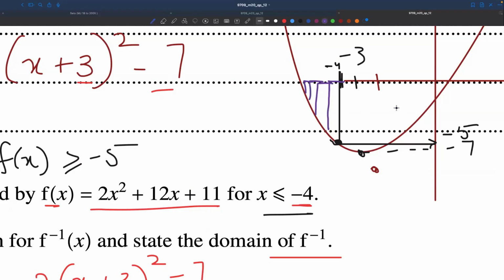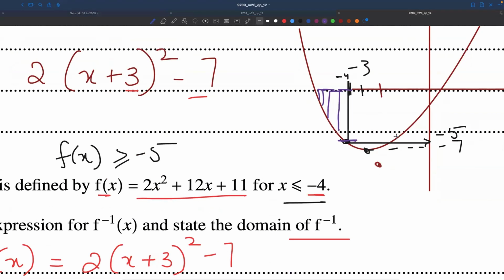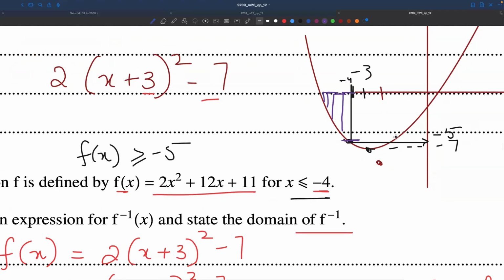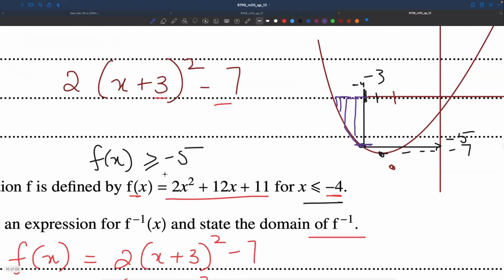Yes, it will always keep on increasing. No, but I want you to learn something through the graph so that you can at least apply this in your exam. Okay? You can do it directly as well, but this helps you to understand better. So just by looking at the graph, you know my graph is always going up from minus 5. So this f of x will always be greater than minus 5.